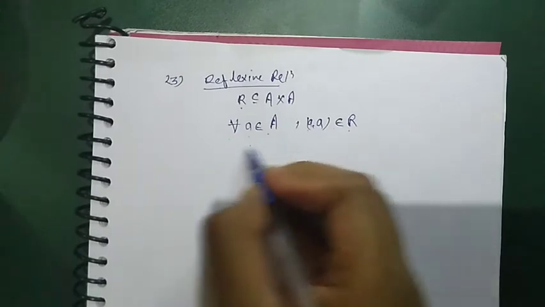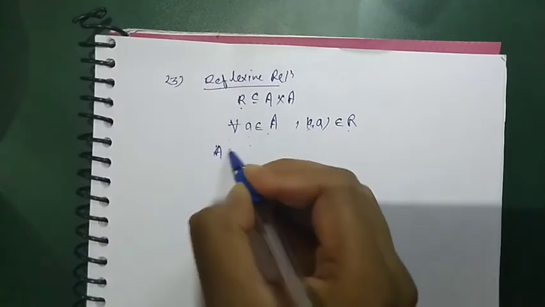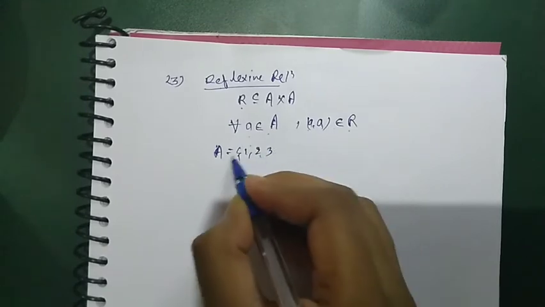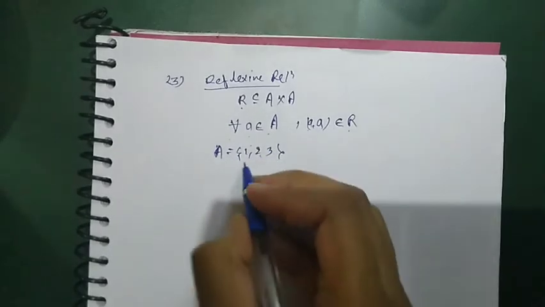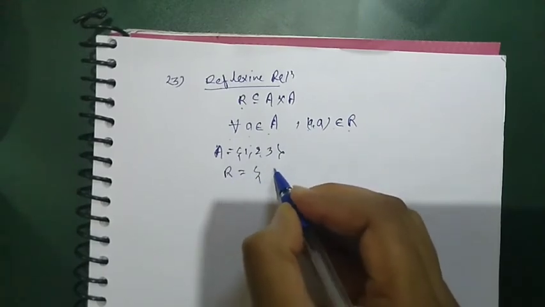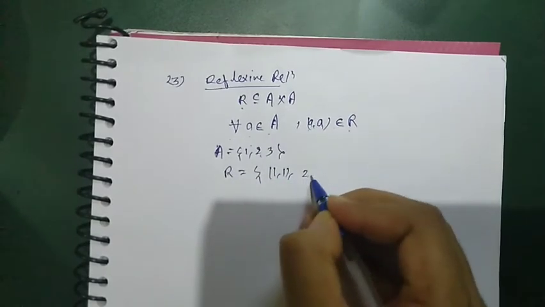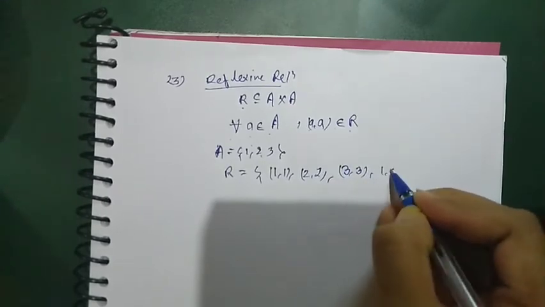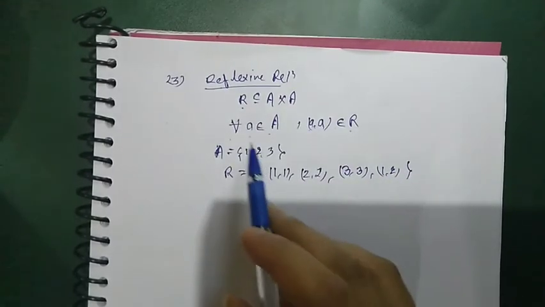So here also we take an example of set A, A equal to {1, 2, 3}. A relation R is defined as (1,1), (2,2), (3,3) and (1,2).